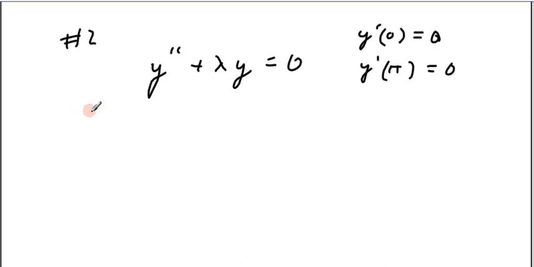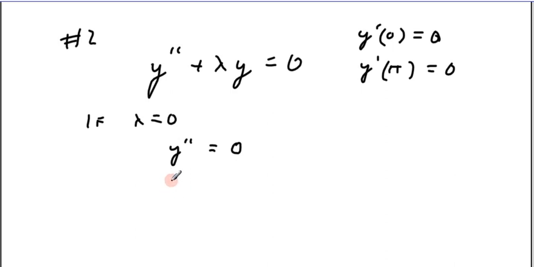Okay, so first we'll consider if lambda is 0. If lambda is 0, what's going to happen? Well, I'm going to have y double prime is equal to 0. So what does the curve look like?